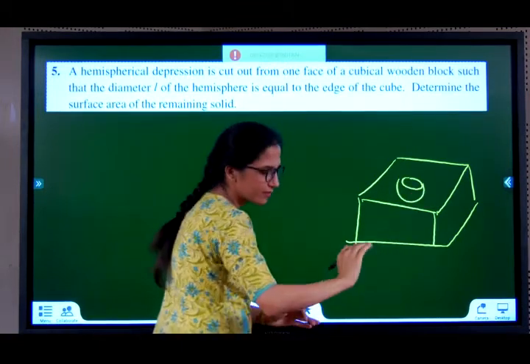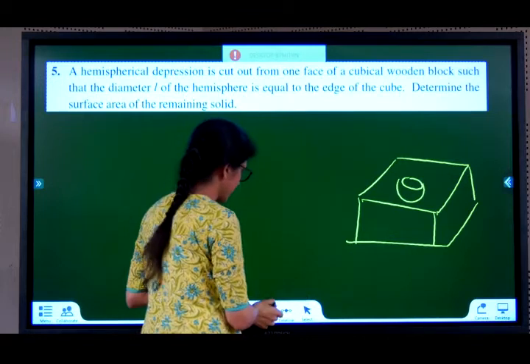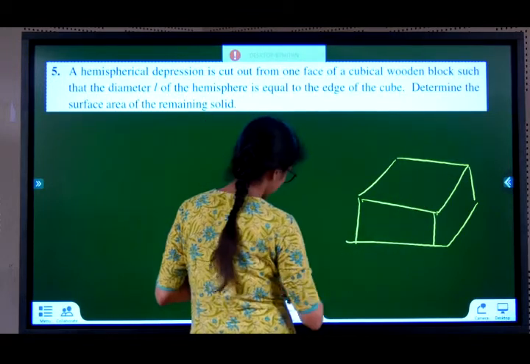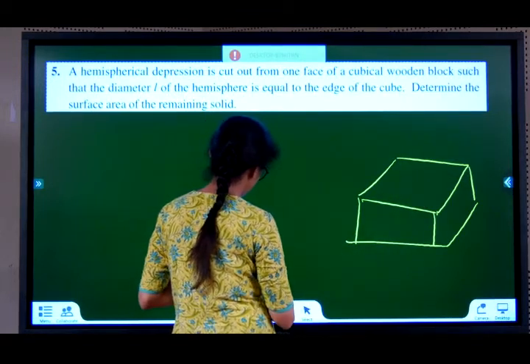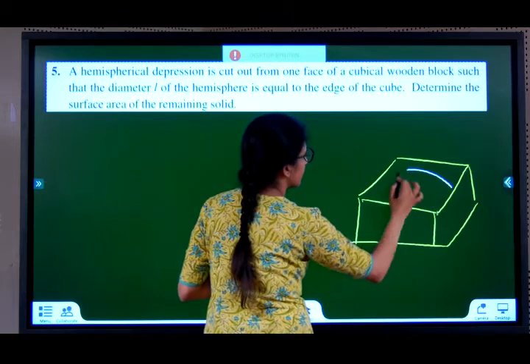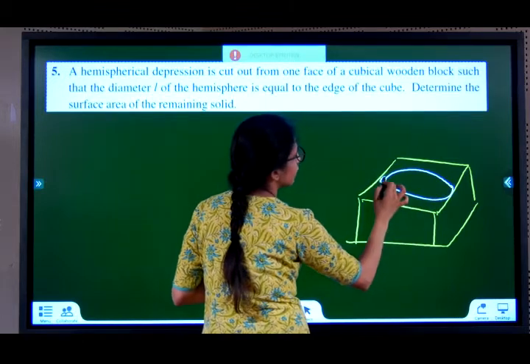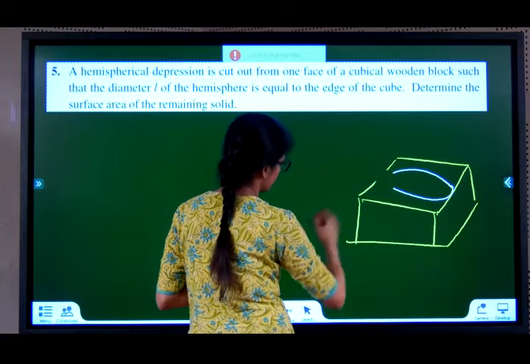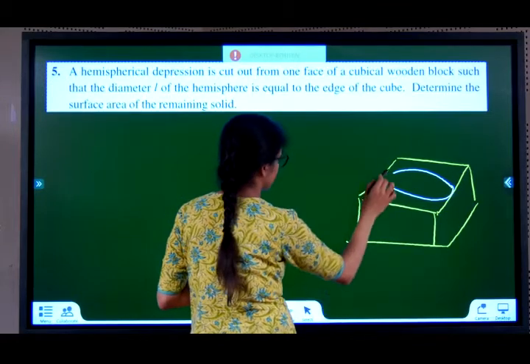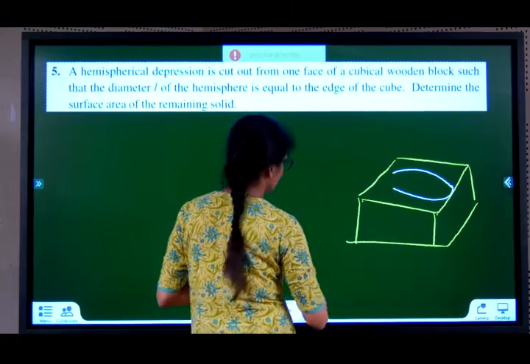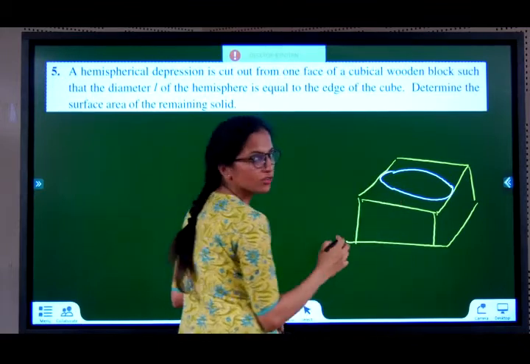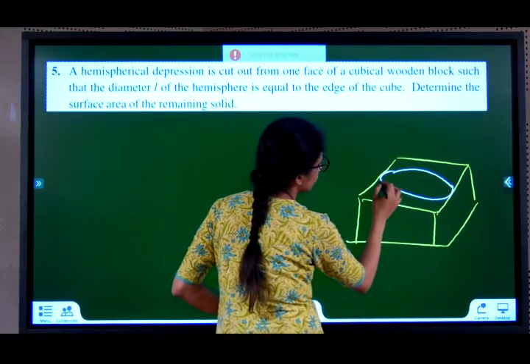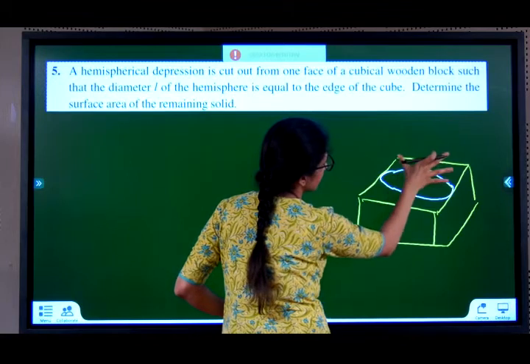See, I can remove a hemisphere from inside, but how big? They are telling remove a hemisphere such that the diameter of the hemisphere is equal to the edge length of this cube.